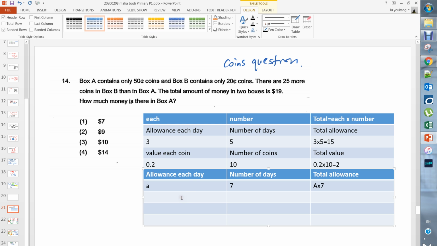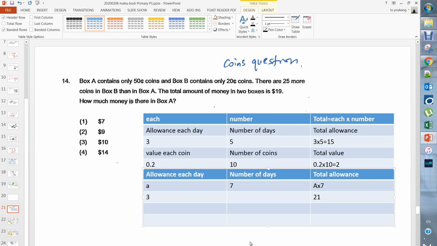So now, allowance each day is 3. Total allowance per week is 21. So how many days? Each day allowance is 3. Total allowance is 21.